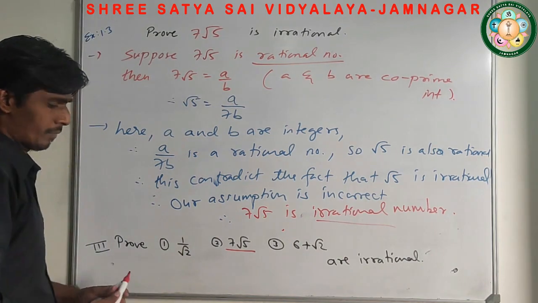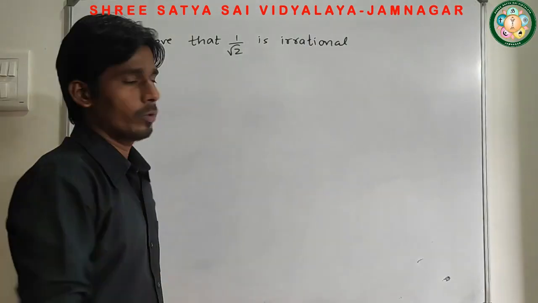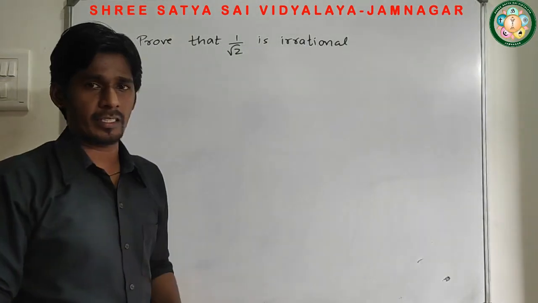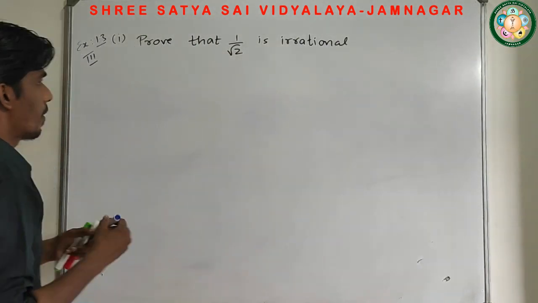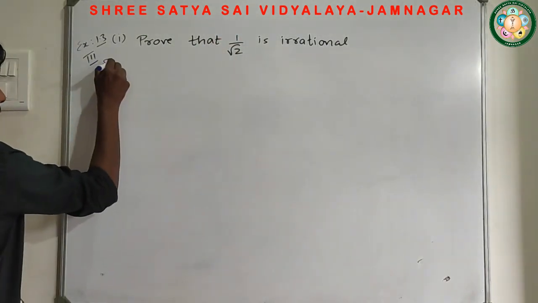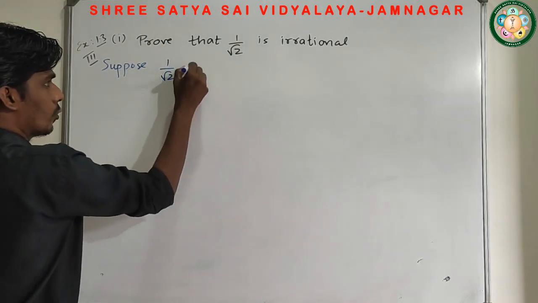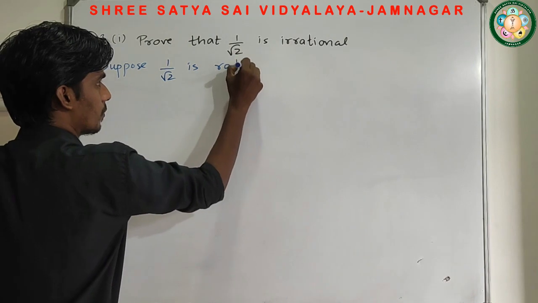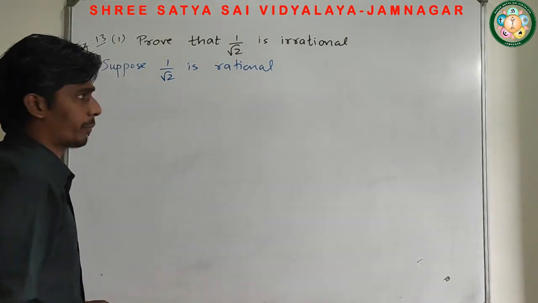And now for this one, let me give you just an idea how to solve this. Let's prove 1 by root 2 is irrational. So this one we are going to do as the first question. Suppose 1 upon root 2 is rational. जो प्रूव करना है उसका ऑपोजिट स्टेटमेंट.